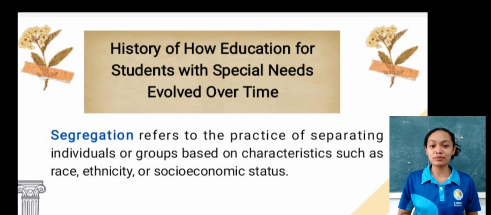Segregation of students with disabilities stemmed from the notion that they were incapable of learning alongside their peers and needed to be placed in separate institutions for specialized care and instruction, leading to isolation and limited educational opportunities.